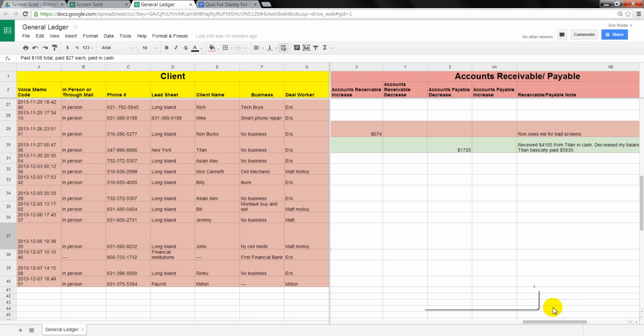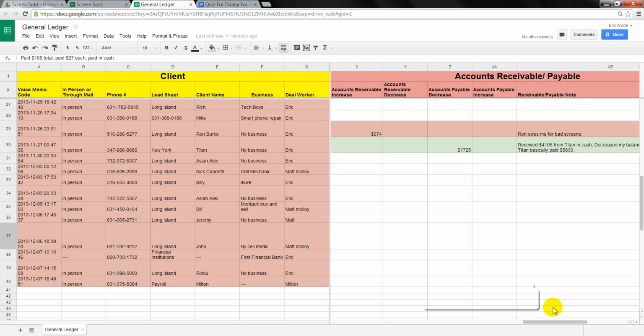For instance, if we give somebody screens and they say they'll pay us next time because they don't have the cash, or the company loans you as an employee money, accounts receivable will increase.